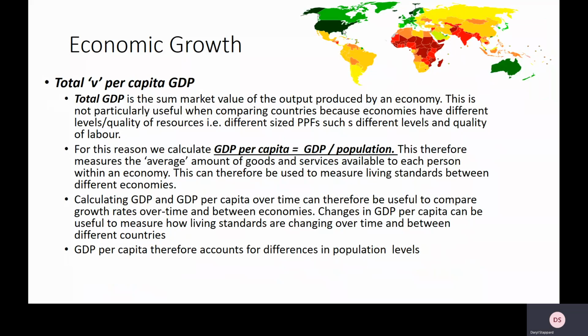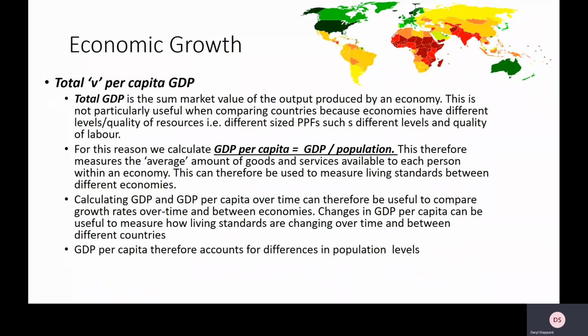So because China, for example, has got over 1 billion people and massive land mass, their GDP is higher than it is in the UK because we've got a much smaller population level. Now, the problem with GDP on its own then is it doesn't really give us an indication about the quality of life in that particular economy.